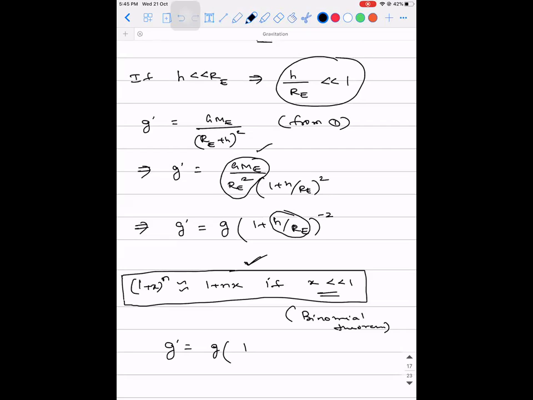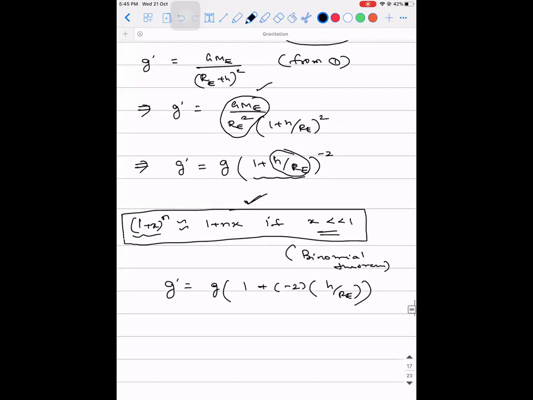Guys, I have asked a simple question. I'm saying (1 plus x) the whole power n is 1 plus nx if x is very much less than 1. I have taken H divided by RE to be very much less than 1. So if you observe, that's right, 1 plus of minus 2 into H divided by RE. So G dash will be equal to G into (1 minus 2H divided by RE).